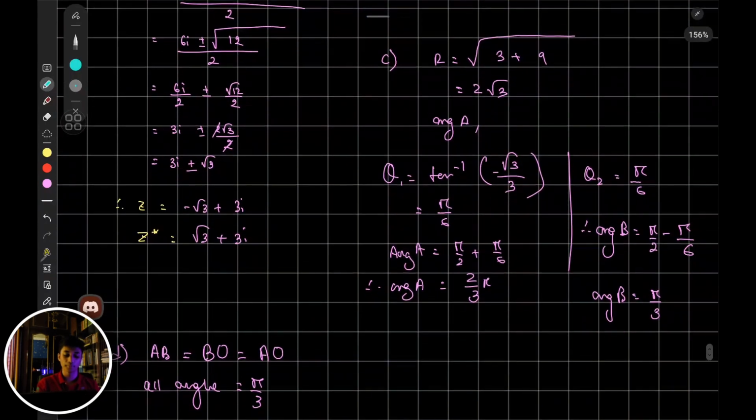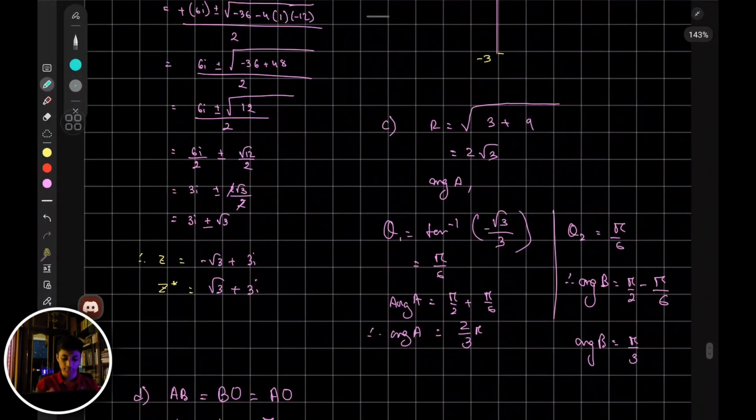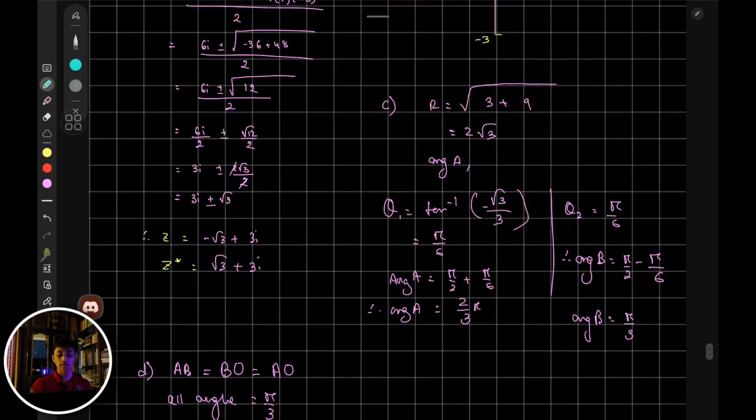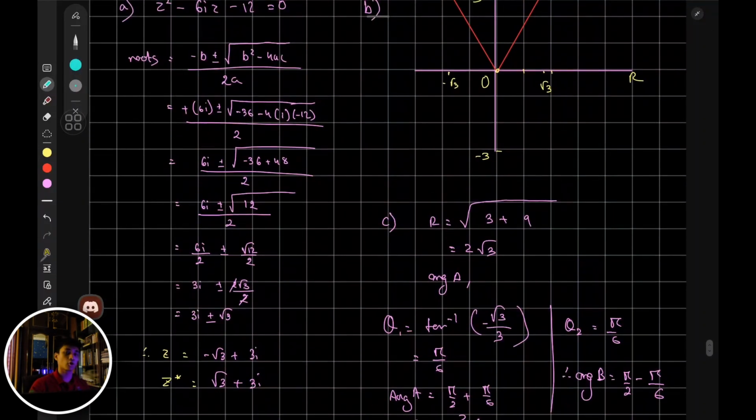So if you organize it in the form of x plus yi, you're going to get root 3 plus 3i. That is your complex number, and the conjugate pair minus root 3 plus 3i, or the other way around, whatever. So these are the two roots of the quadratic equation, both of which are complex numbers.